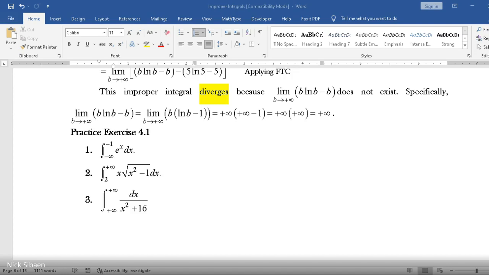Or andun pa sila? Okay na? Should we continue? Or meron pa? Ayun, meron pa nga.